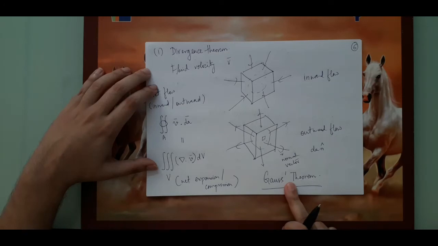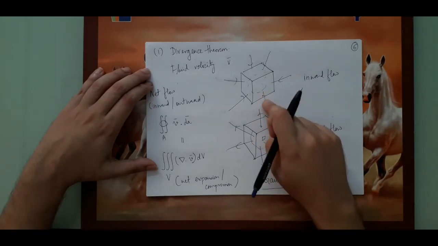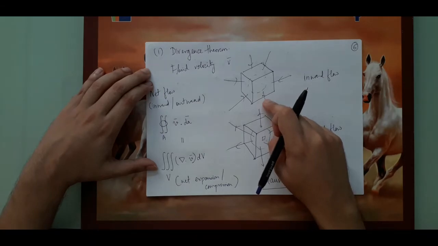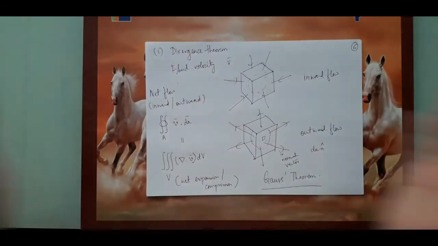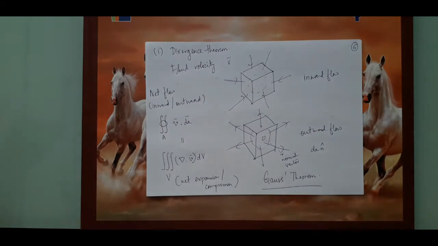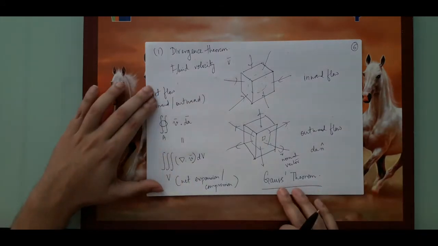Think about this. When I am talking of the net flow or the flux, it is nothing but the electric field lines which are either coming out of the surface or entering the surface.